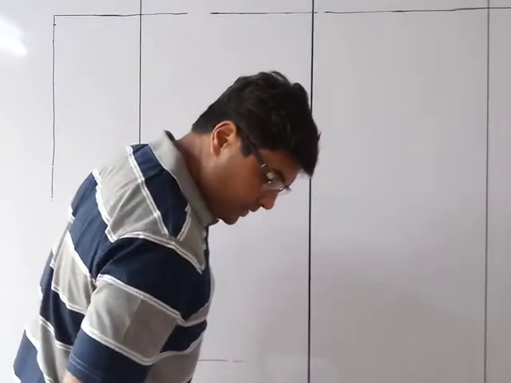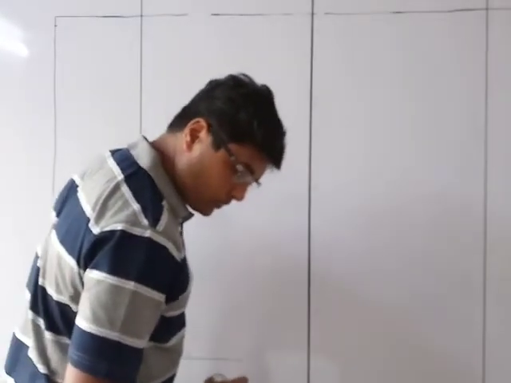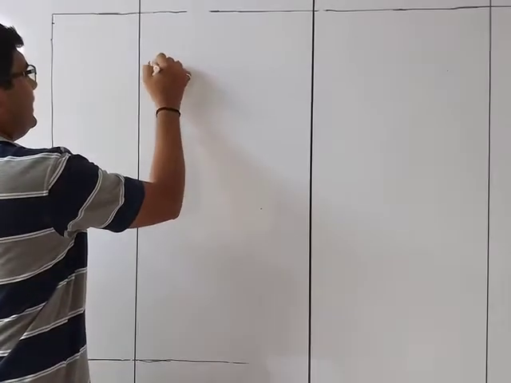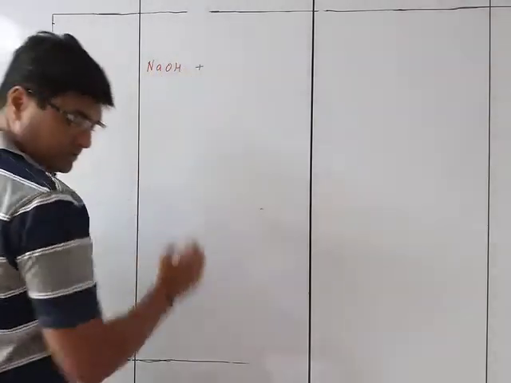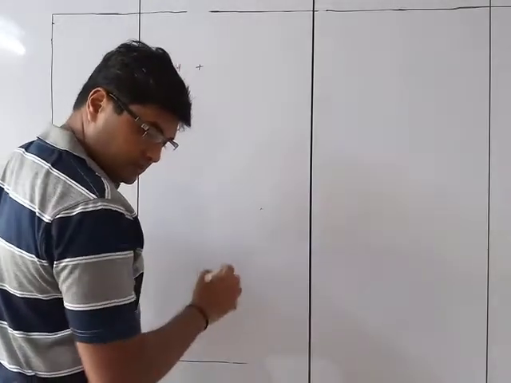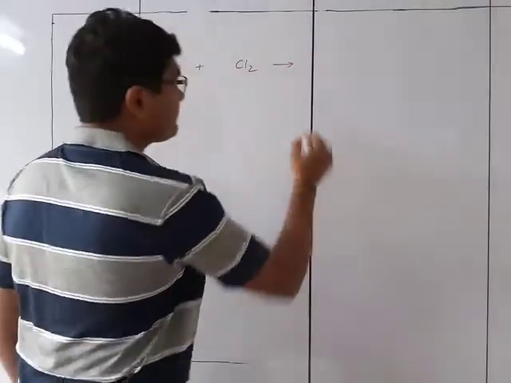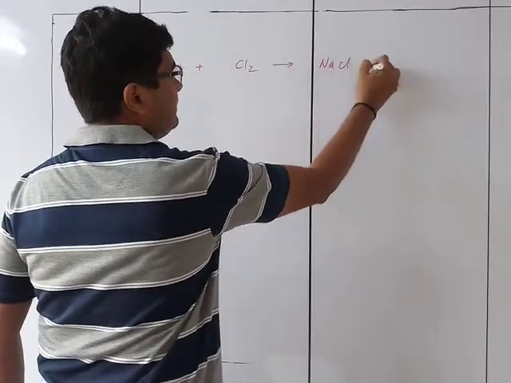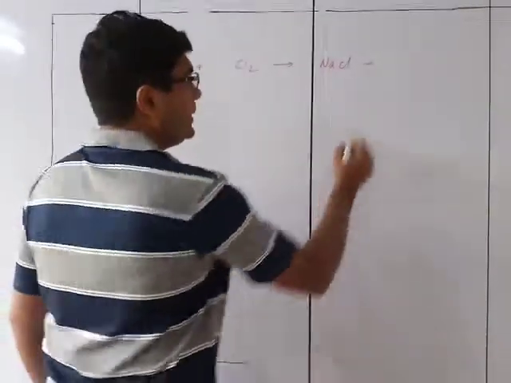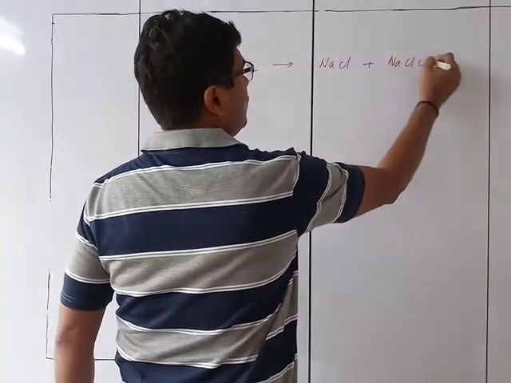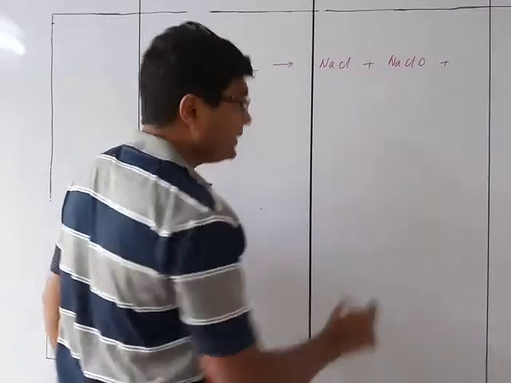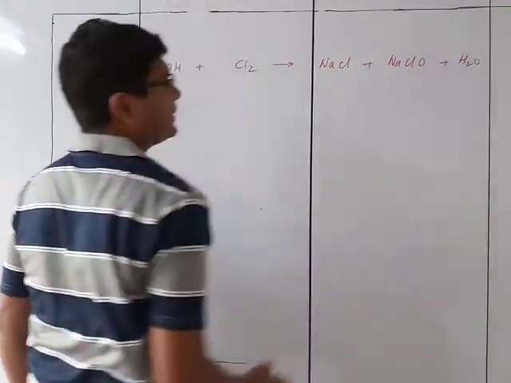We take an example over here: NaOH plus Cl2 gives me NaCl plus NaClO plus H2O. Okay.